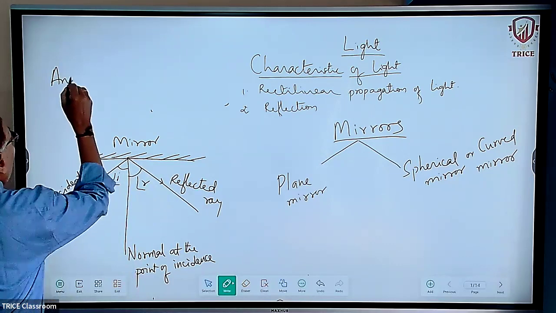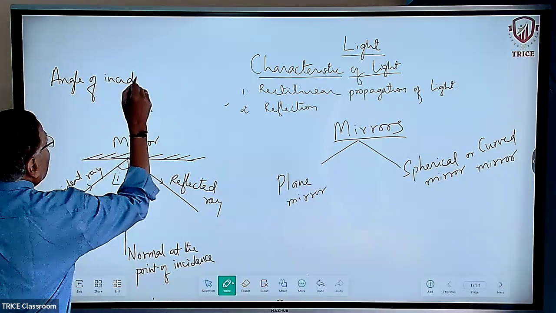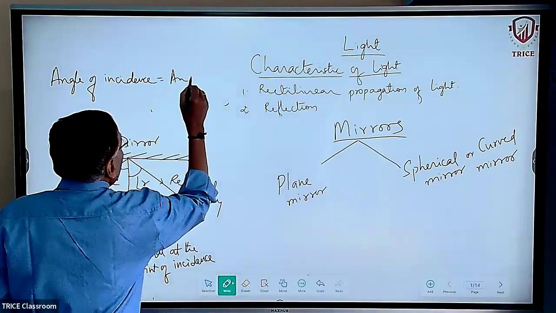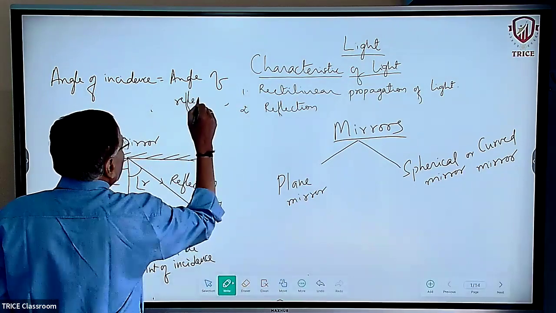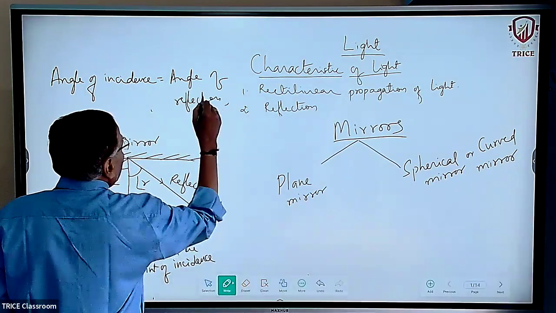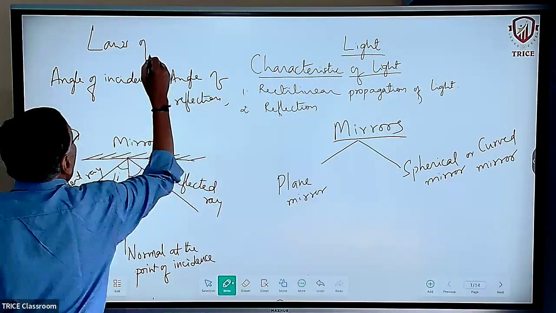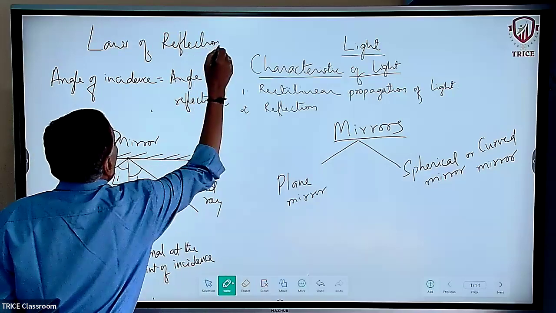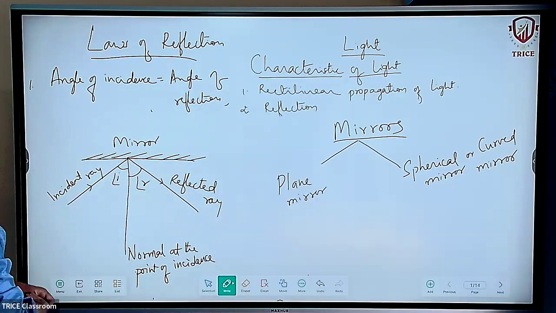So, angle of incidence is equal to angle of reflection. This is the first law of reflection.